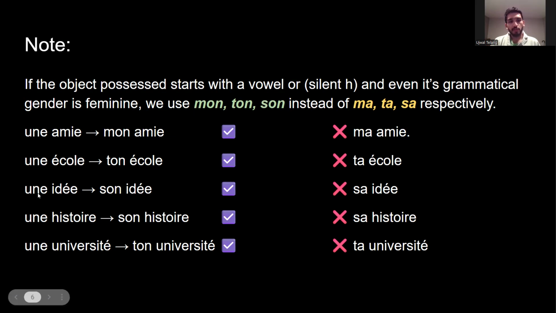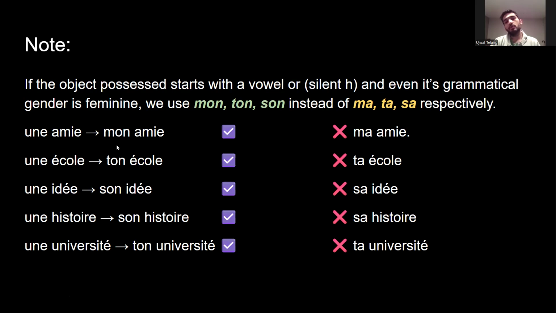Okay? So similarly, une idée. Okay? So firstly, une amie is a friend, a girl friend. Une école is a school. Une idée is an idea. Une histoire, a story. Une université, a university. Okay? So, mon ami, ton école, son idée, son histoire, ton université.